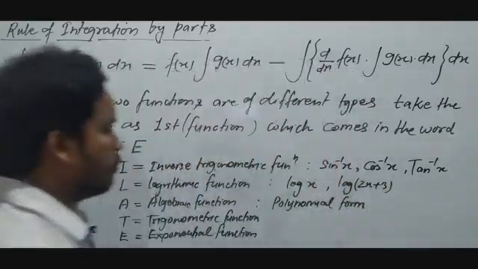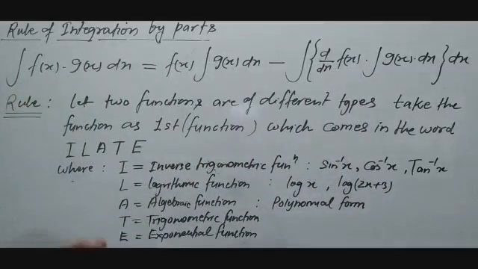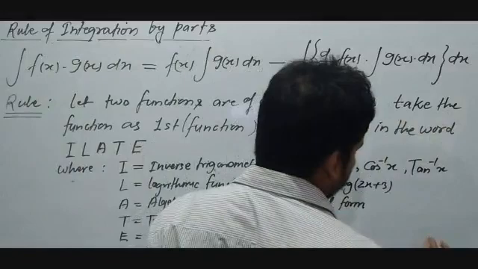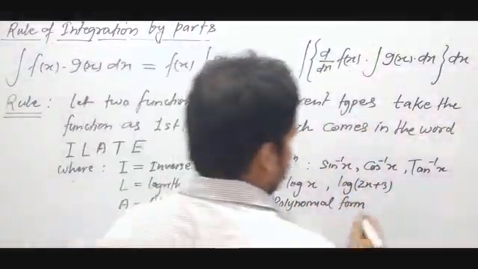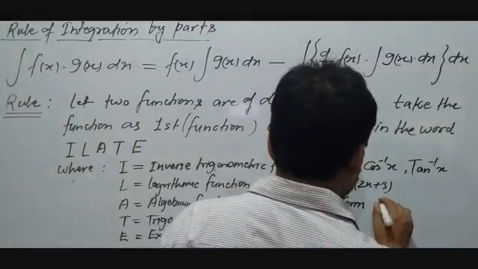Polynomial form, and in polynomial you can suppose 3x plus 2y, 3x plus 5, 2x square plus 3x. So this is the polynomial form.